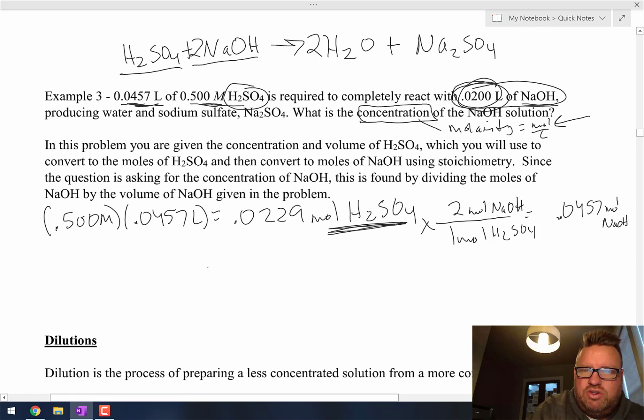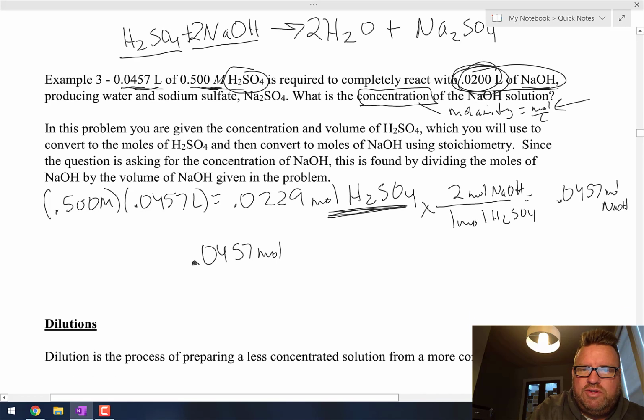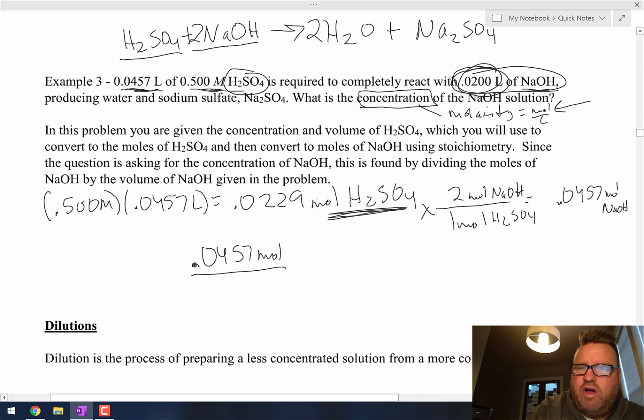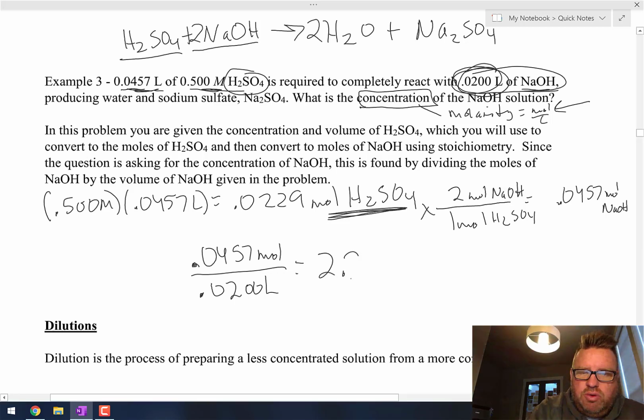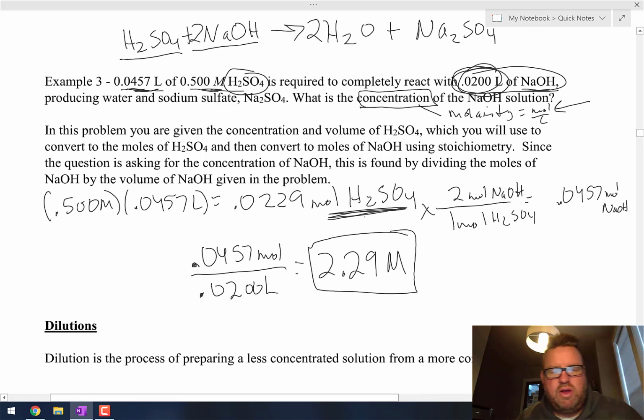So again, concentration is molarity, so that's moles on top. 0.0457 moles of NaOH. The volume is 0.0200 liters given to us there in the problem. So 0.0457 divided by 0.0200 equals 2.29 molar would be the concentration of that sodium hydroxide solution.